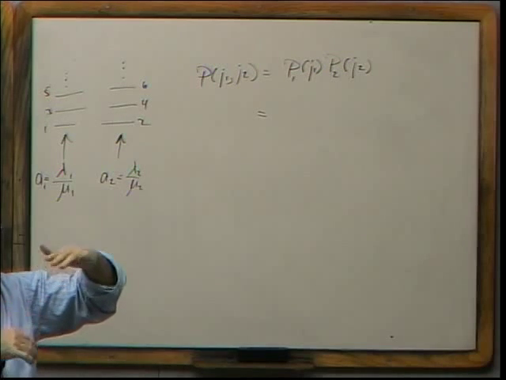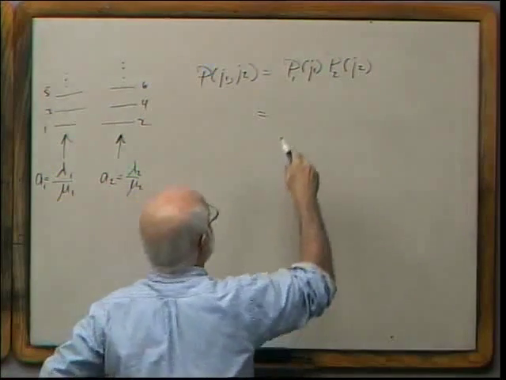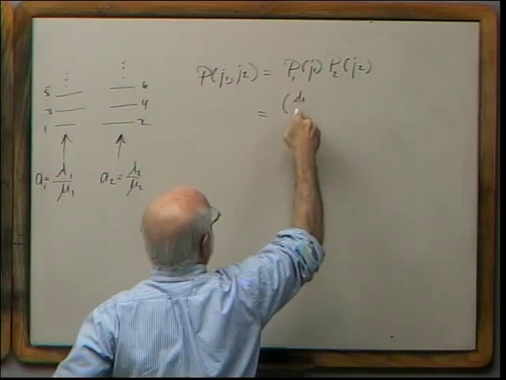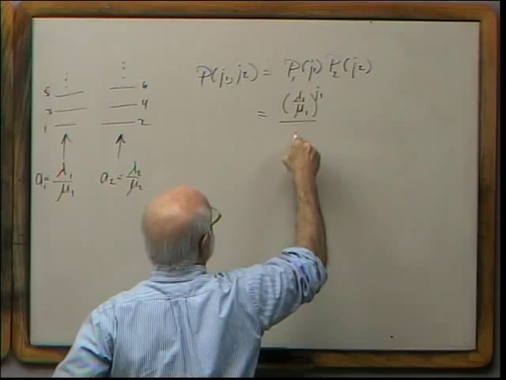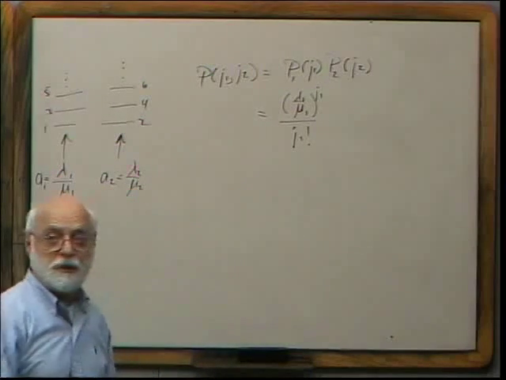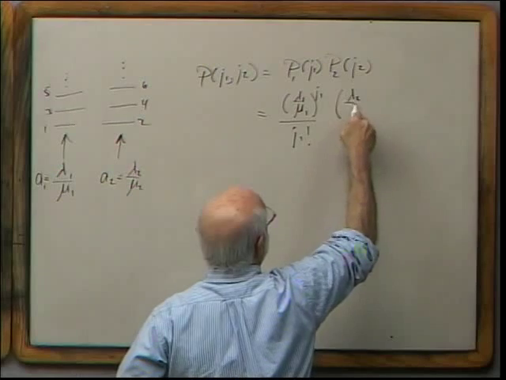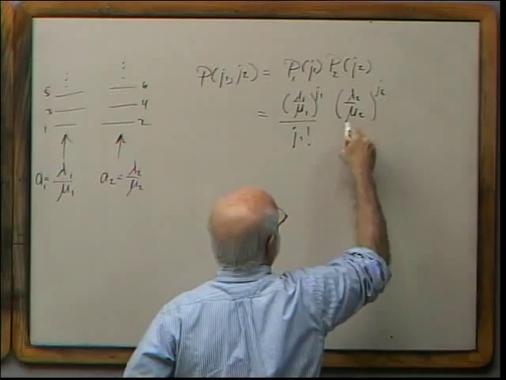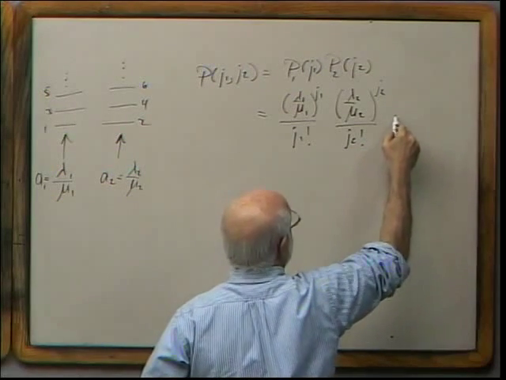So in other words, P1 of J1 would be given by (lambda 1 over mu 1) to the J1 over J1 factorial, times a normalization constant. And P2 would be (lambda 2 over mu 2) to the J2 over J2 factorial times a constant, and I'll just call the product of those constants a constant C.